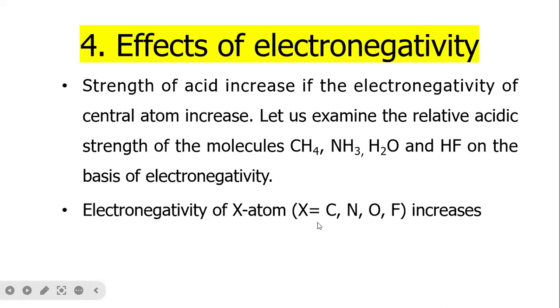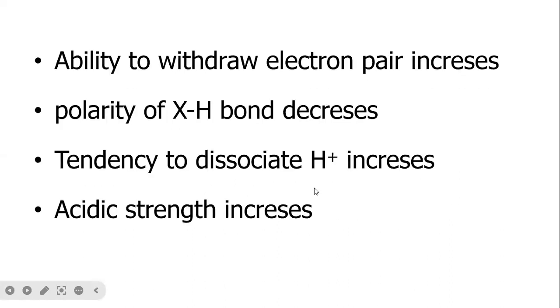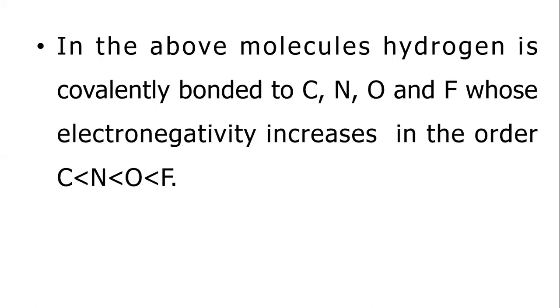Electronegativity of the atom increases, ability to withdraw electrons increases, polarity of the bond increases, tendency to dissociate H+ ion increases, acidic strength increases. In the above molecules, hydrogen is covalently bonded to carbon, nitrogen, oxygen, and fluorine, whose electronegativity increases in that order.